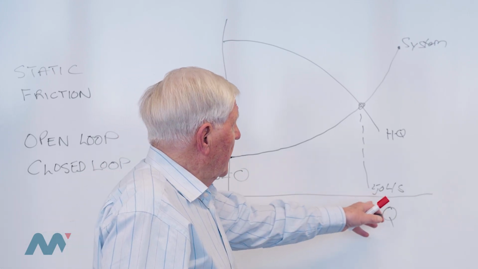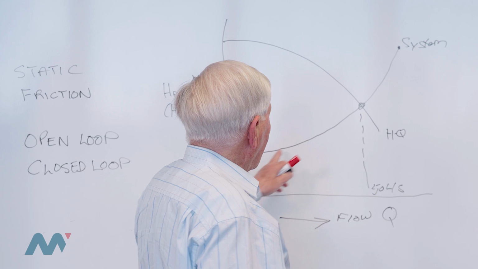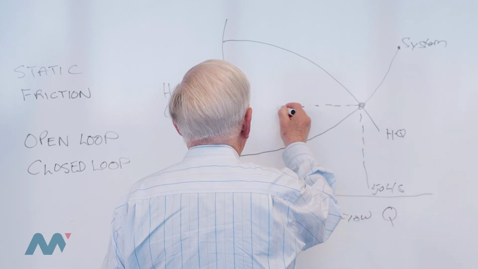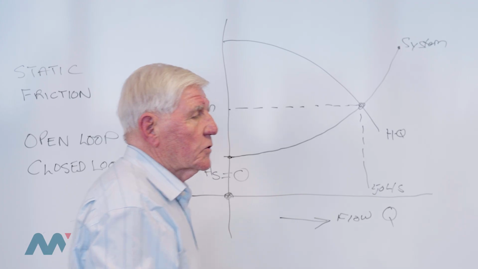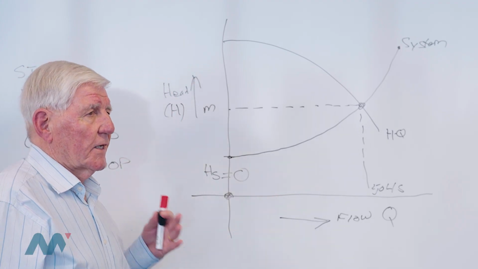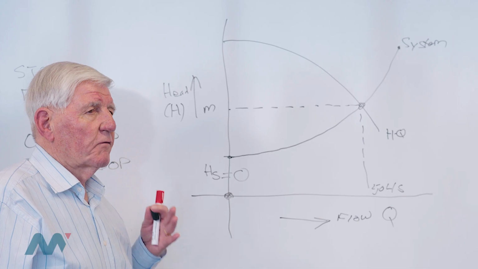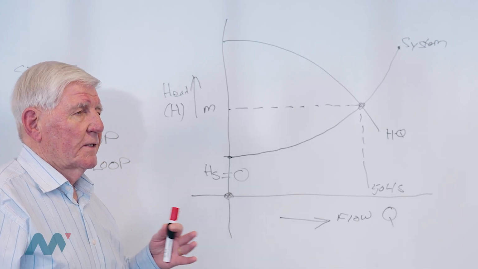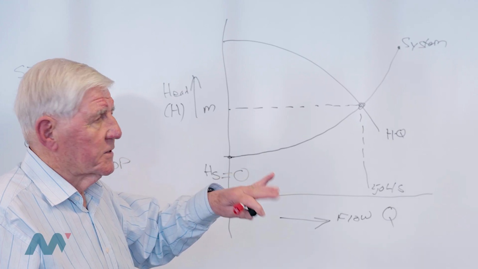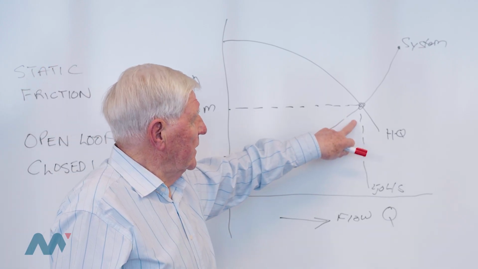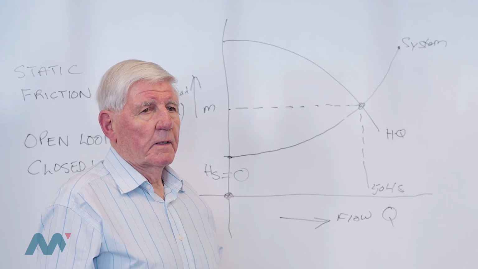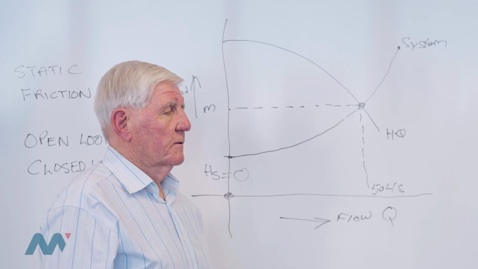If you specify 50 litres per second, and this is your system curve, the pump will develop only enough pressure to overcome the system resistance. So artificially expressing a requirement for pump pressure is the wrong approach. You've got to work out your system losses, where the intersection point is the pump will only produce enough pressure to overcome the system resistance.